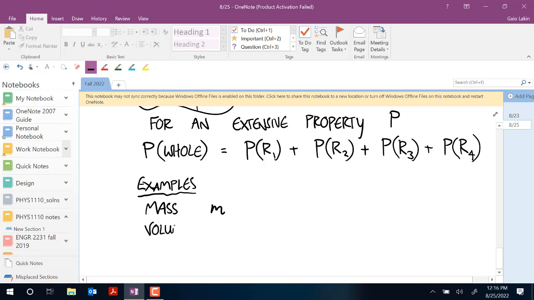Volume is a capital V. Area, well, we're not really going to use area much. We'll be doing stuff in 3D because we'll mostly be dealing with gases.